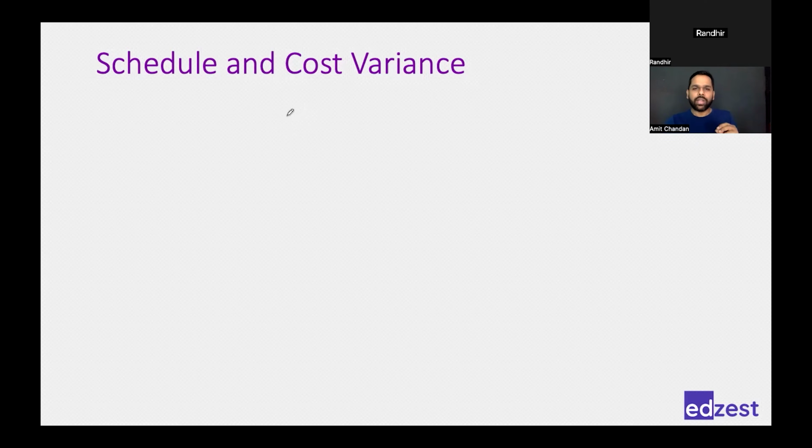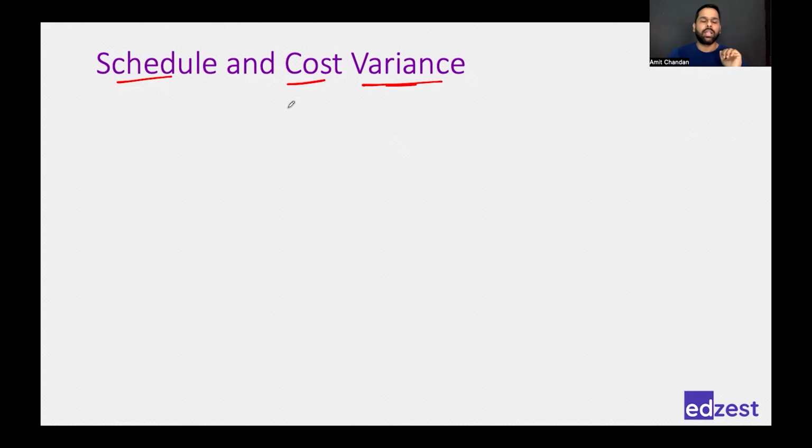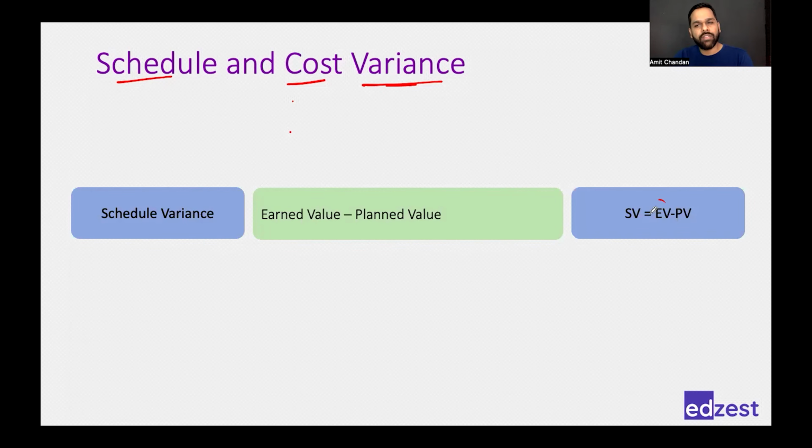Right? So when you calculate the numbers, you calculate two things. One is schedule variance, other is cost variance. Okay. And the difference between schedule and cost variance would come to know through the same point that we have discussed. So my schedule variance would be difference between my earned value and my planned value.